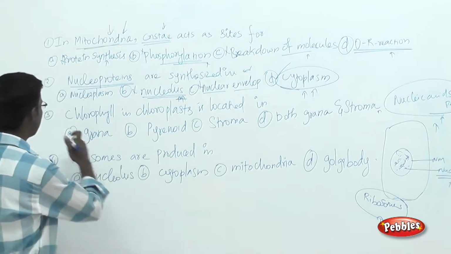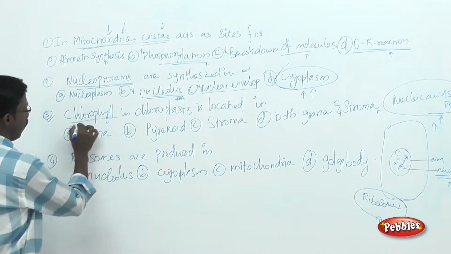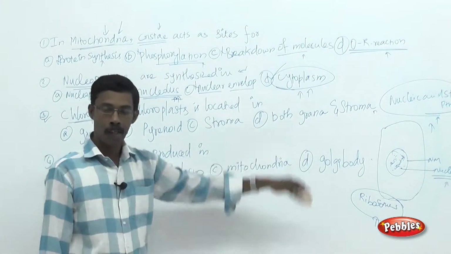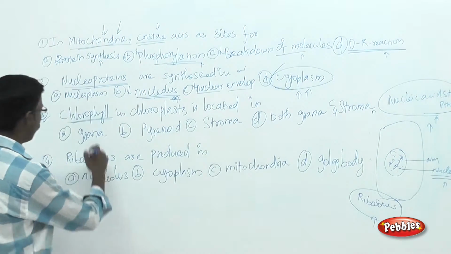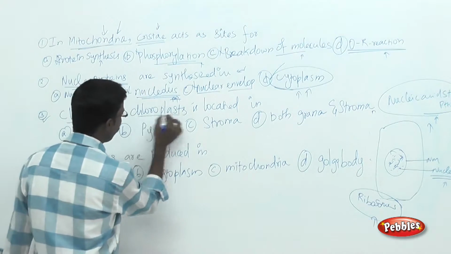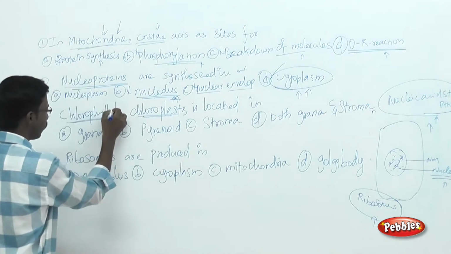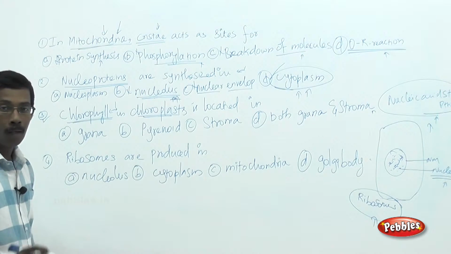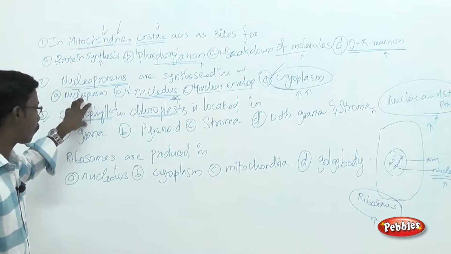Okay, see the next question. Chlorophyll in chloroplast is located in... The question asks what is the exact location or site of the chlorophyll pigments in the chloroplast. Chlorophyll is a kind of pigment.